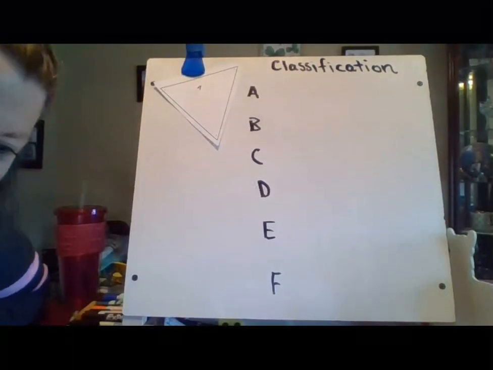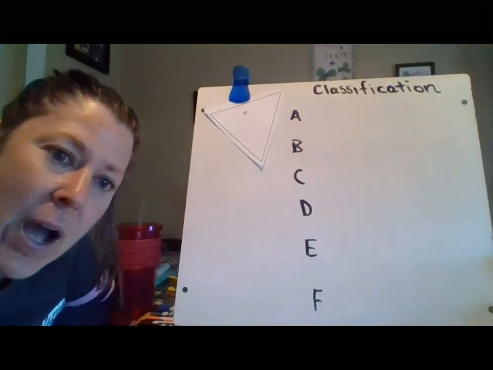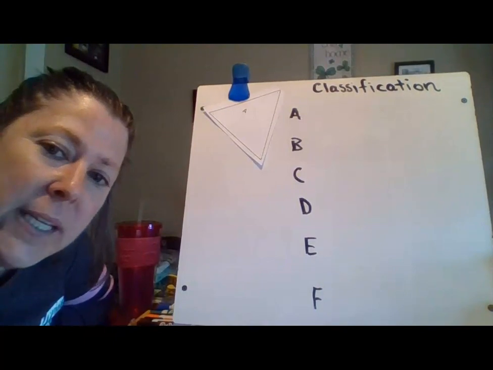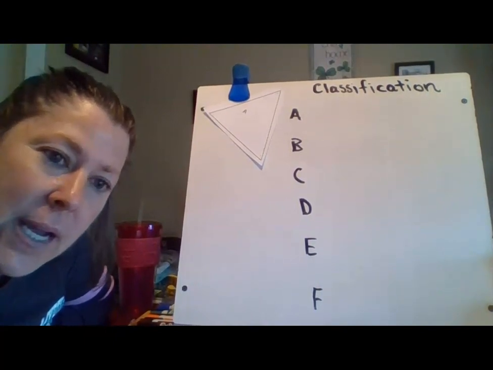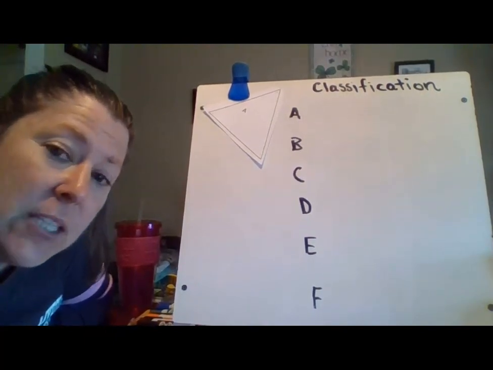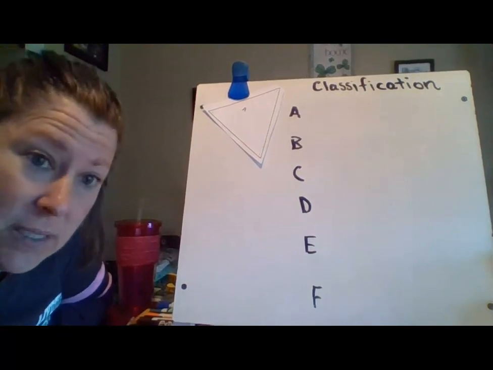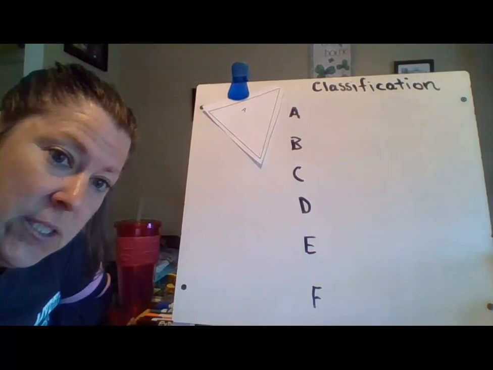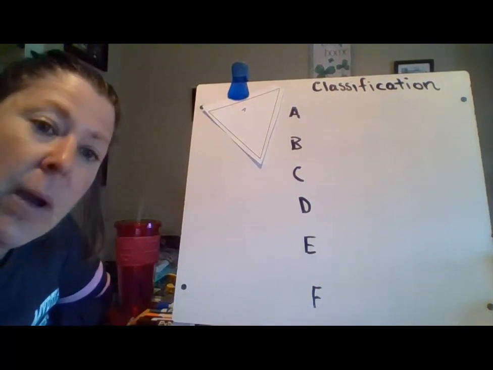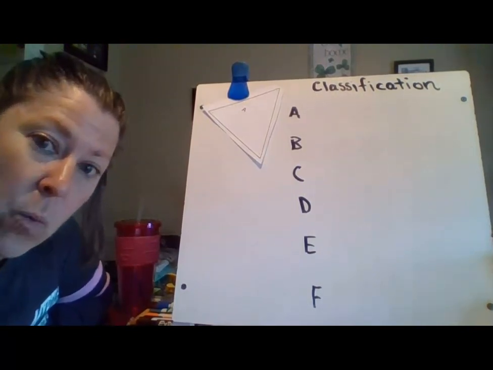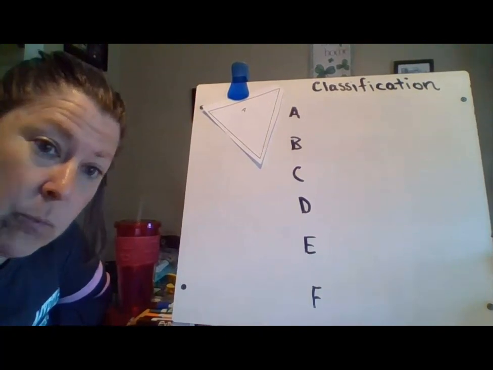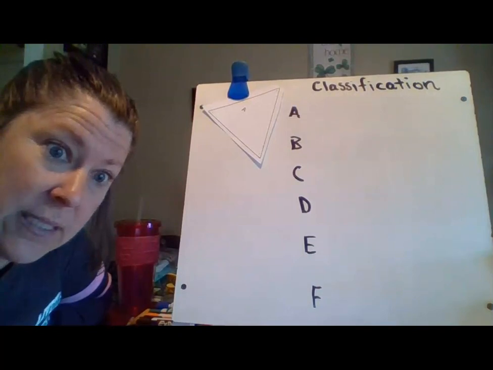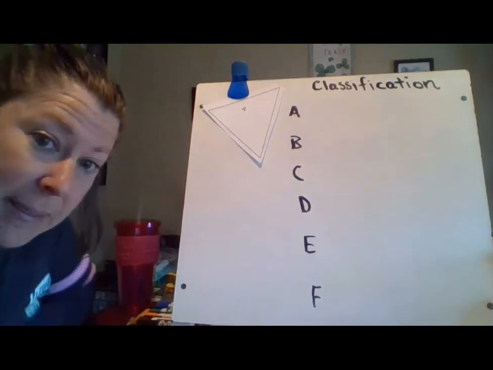So in your packet, you have several pages of triangles, and we are going to see what their attributes are, and then we're going to classify them. So you have 3 pages of triangles, and then you have a worksheet where you will write down what the attributes are and then write down what the classification of the triangle is, working right through the video with me.